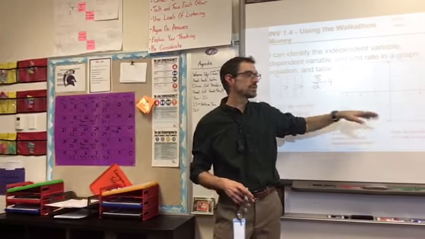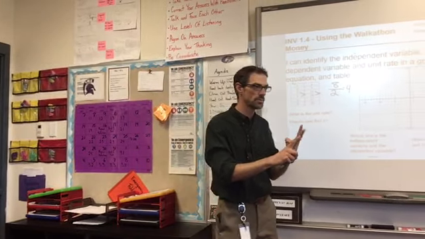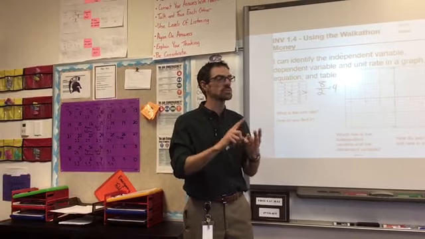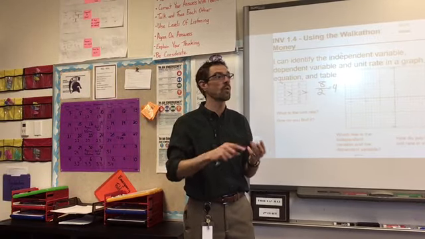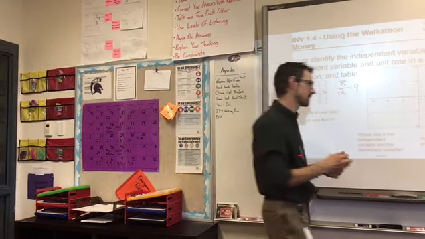With a graph, you're going to have the same 3 components. You're going to have your independent variable, your dependent variable, as well as your rate. This is what I'd like you to do here. Talk to your partner about where is the independent variable and where is the dependent variable. Go.